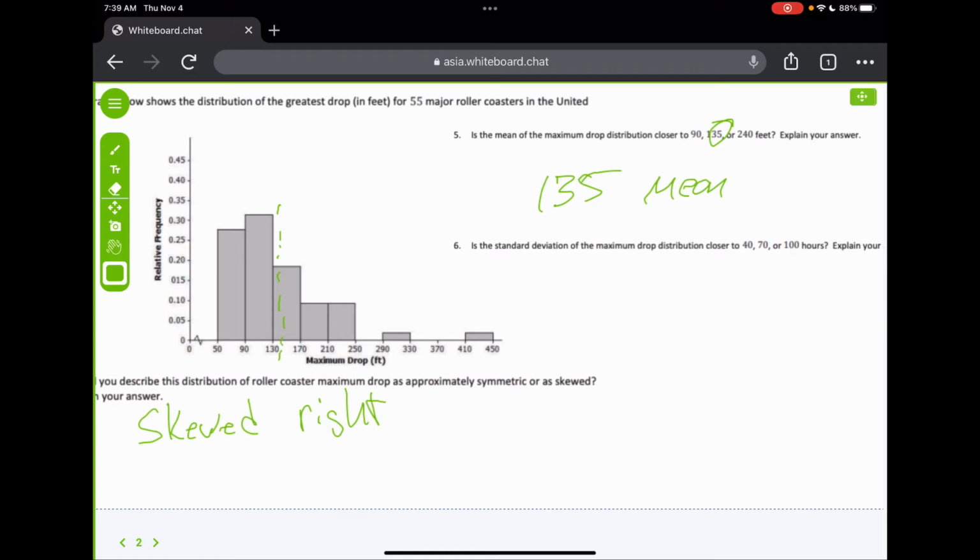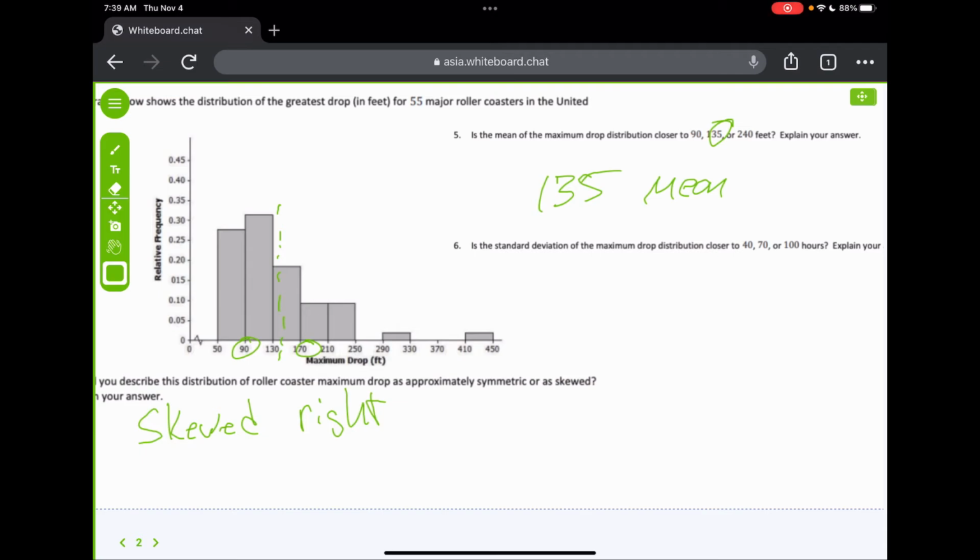If we go 40 to the left, that gets us to 90. If we go 40 to the right, that's going to get us a little over 170. So that would be pretty close, right? That's a typical distance away from the mean.